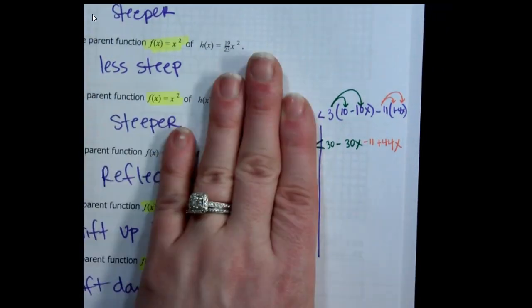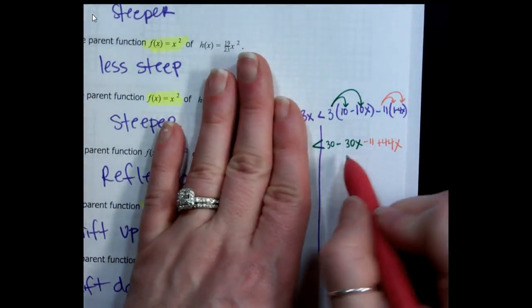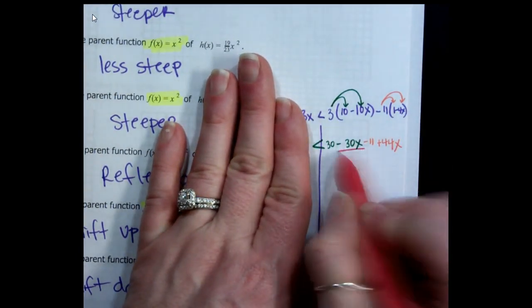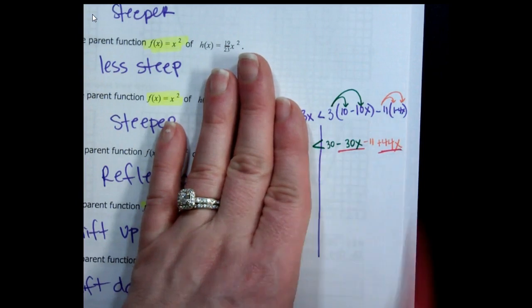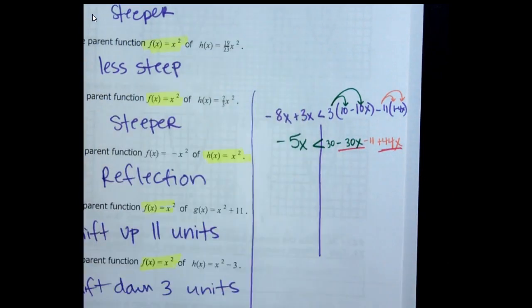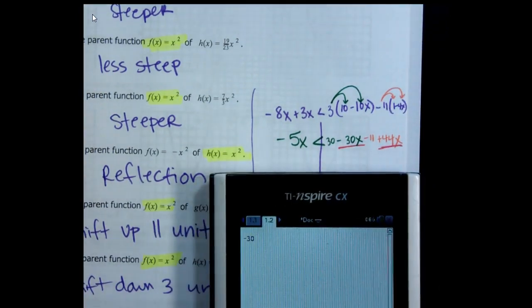On this side, I have some things that are like terms. So this negative 30x and this positive 44x can combine. We take negative 30 plus 44, and we get 14.